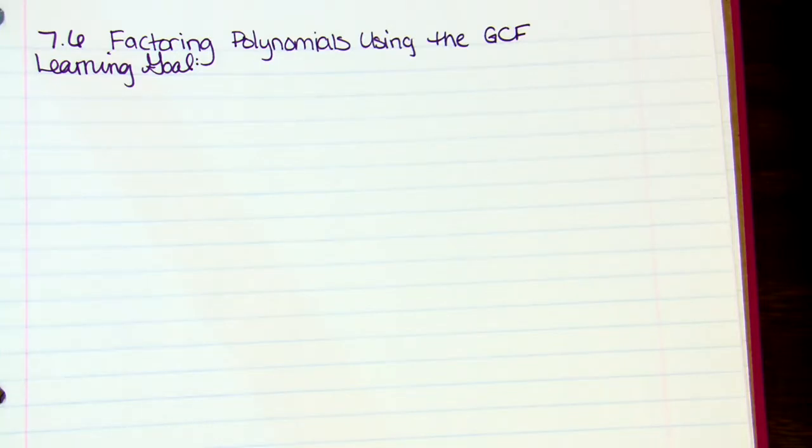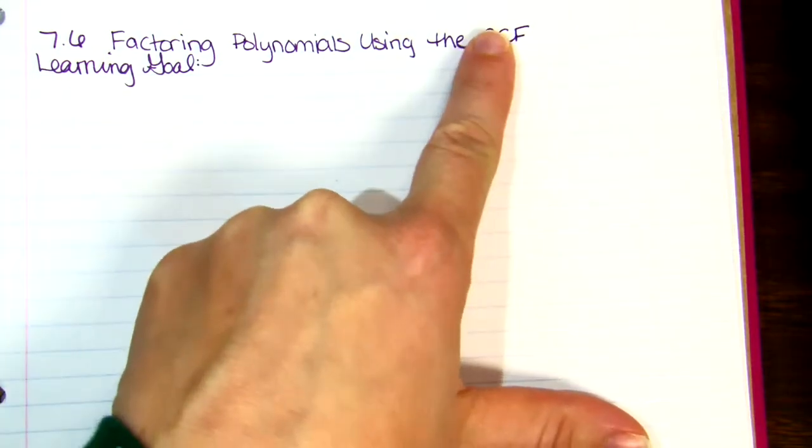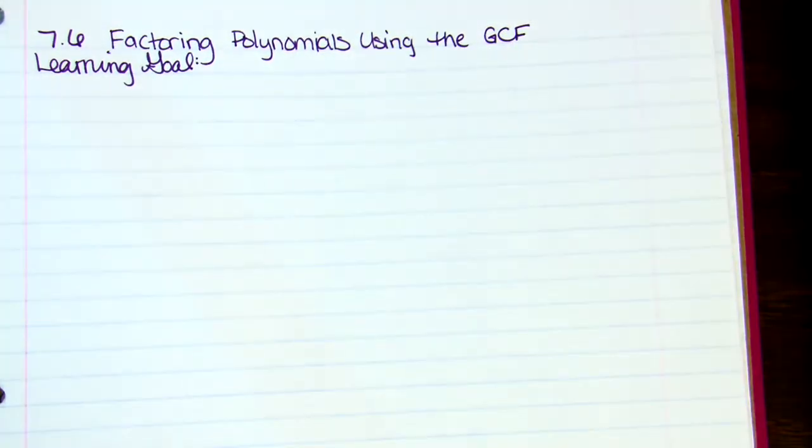Today we're doing 7.6, which is factoring polynomials using the GCF. GCF, remember, is the greatest common factor.